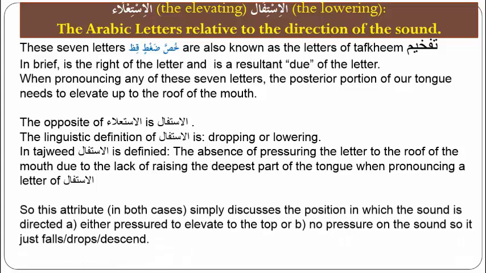So in both cases, the attributes of isti'ala and istifal simply discuss the position in which the sound is directed. That's what we said from the beginning, the direction of the sound: either A, pressure to elevate to the top, or B, no pressure on the sound, so it just falls, drops, or descends.